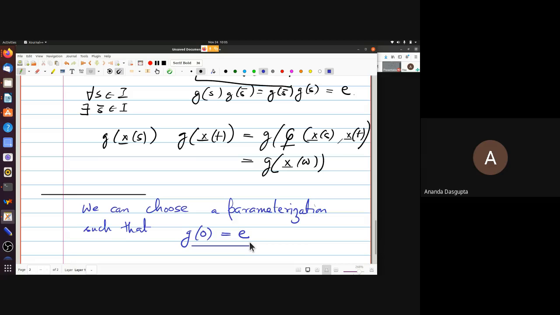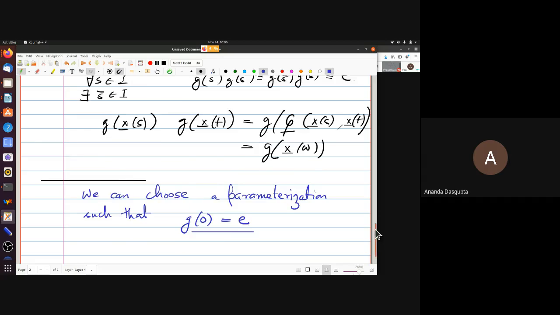Of course, I must get the identity for some value of the parameter, right? You are saying this is a one parameter subgroup. Being a subgroup, the identity has to be in there somewhere. So whichever point in I ends up giving you E, I assign that point in I the parameter value 0. This is just a choice. It makes life a bit easier later on. That's all there is to it.